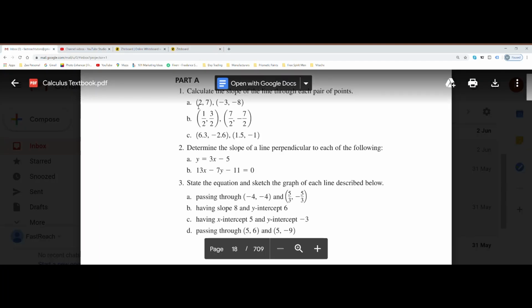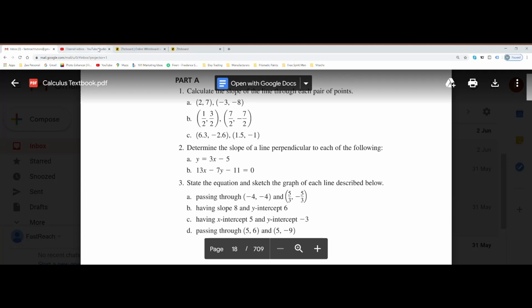You can choose either one to be y1 or x1, it doesn't matter, but here, this point is going to be x1, y1, and this is going to be x2 and y2.